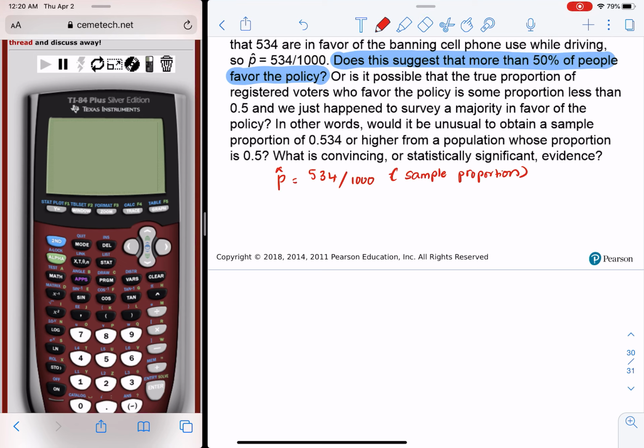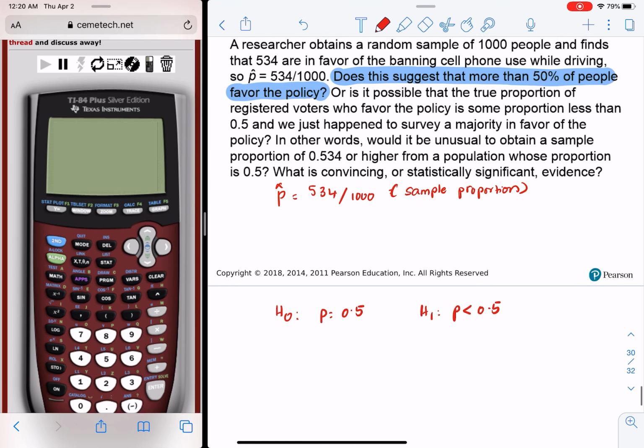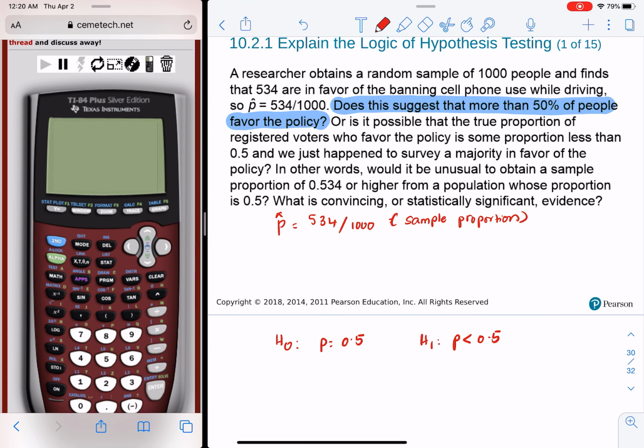There are different scenarios that we can write here. The null is that the population proportion, in other words, p, is missing in this statement.